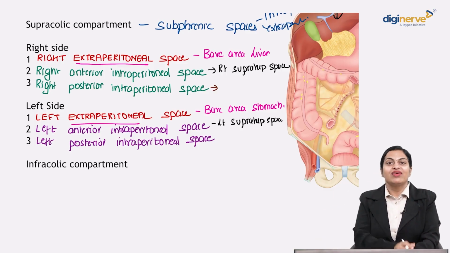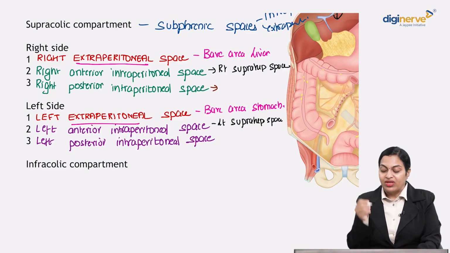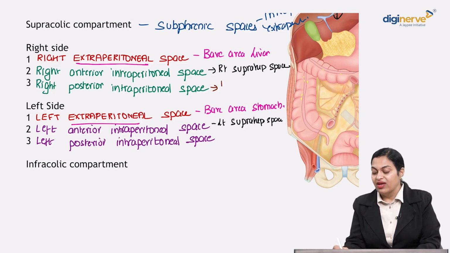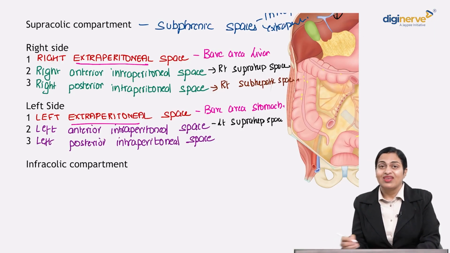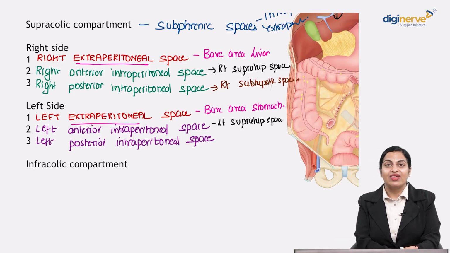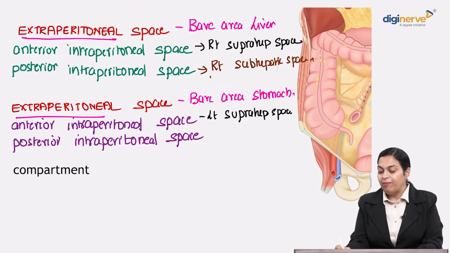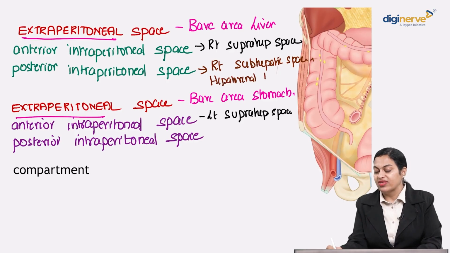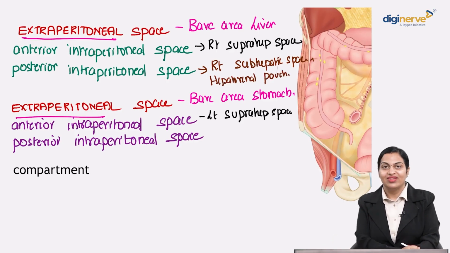The posterior intraperitoneal space, we call subhepatic. The right posterior intraperitoneal space, we call the right subhepatic space. Since this space lies between the liver in front and the right kidney behind, it is also called the hepatorenal pouch of Morrison, right?